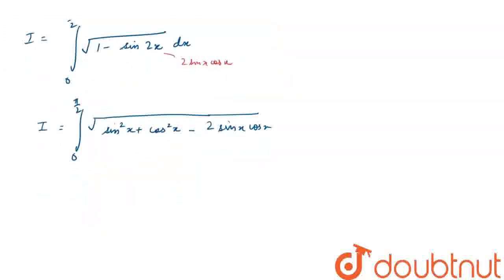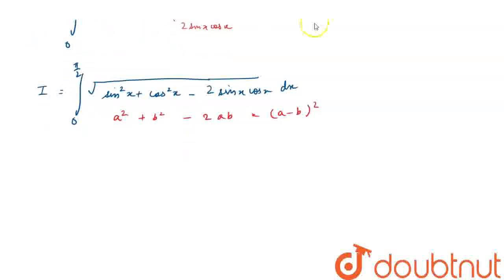Now, as you can see, this took the form of an identity, a square plus b square minus 2ab, which is equal to a minus b whole square. So we can write I equals 0 to pi by 2, and we can write this root as the bracket to the power of 1 by 2.